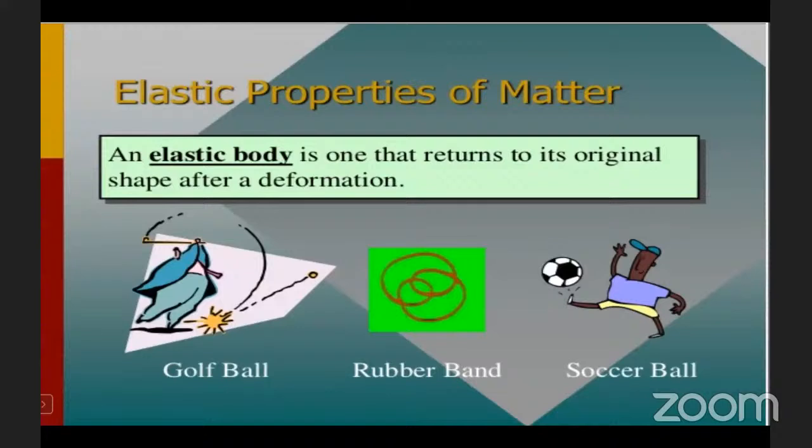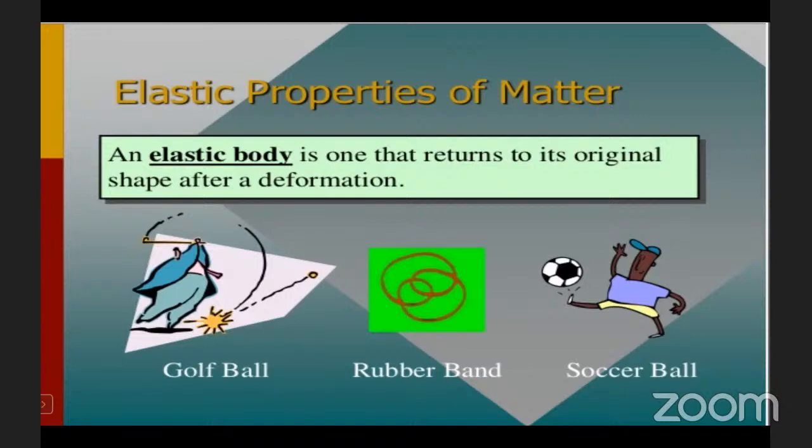First one, elastic properties of matter. What are the elastic properties of matter? An elastic body is one that returns to its original shape after a deformation. We are taking some examples in the diagrams: first a golf ball, second a rubber band, and third a soccer ball.